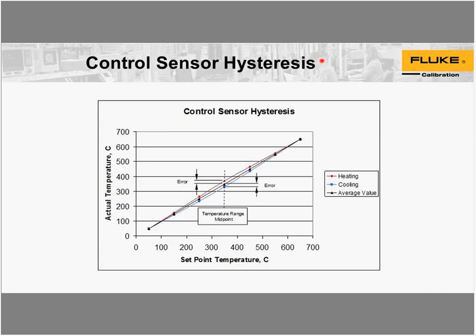The next item to look at is control sensor hysteresis. It's a phenomenon you may or may not be aware of. Say you have a thermometer in your dry well that has no hysteresis whatsoever, and it's going to be this center line through the middle here. Now we're going to take your dry well from one temperature to the next as we go up, and then we'll go down again.